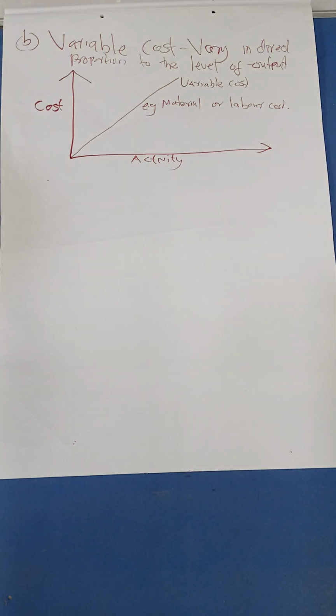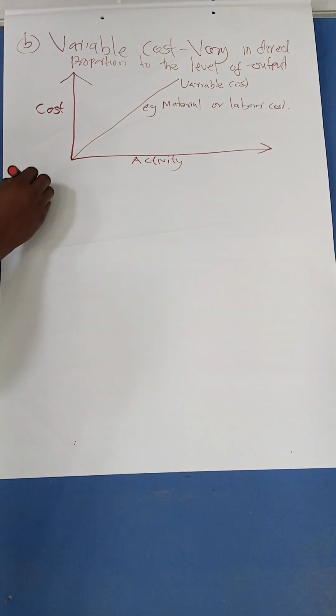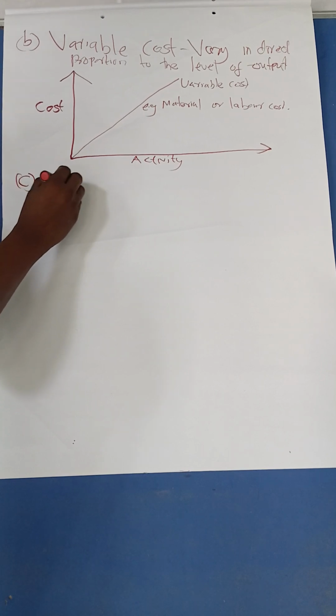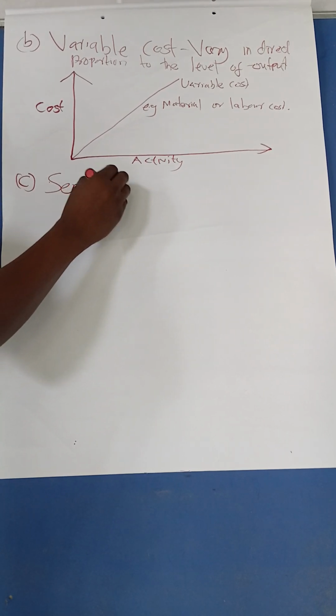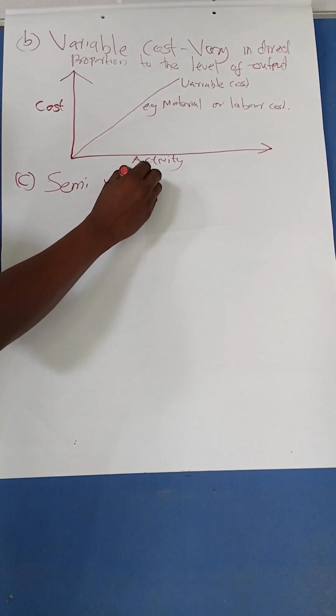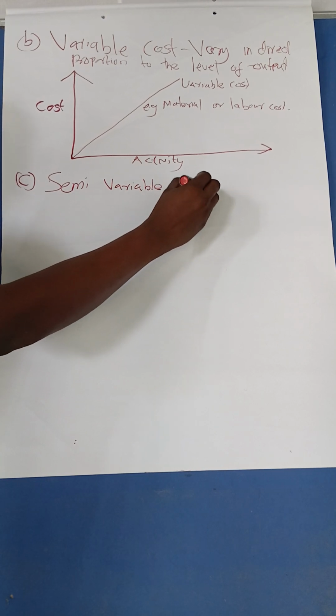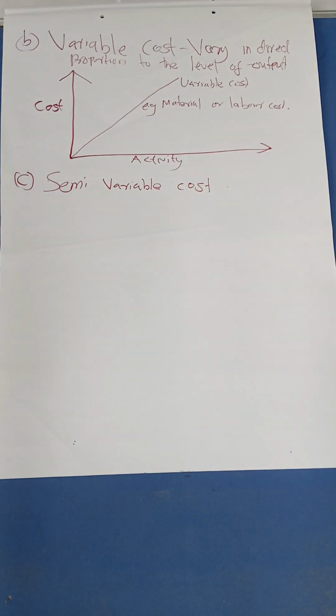We have a semi-variable cost. Now we are still under behavior. So part C, we have a semi-variable cost. Under semi-variable cost, we always say that these are costs that are partially fixed.